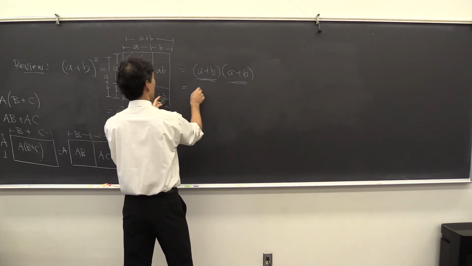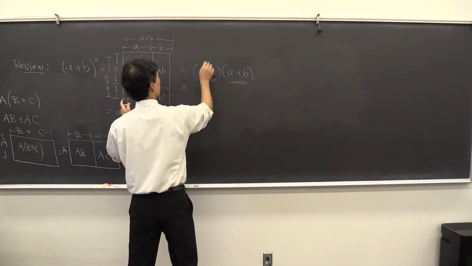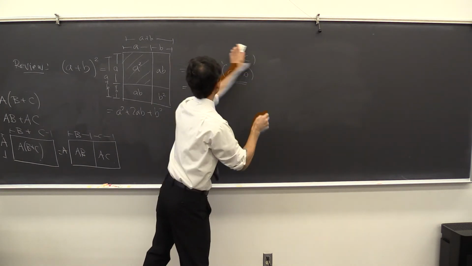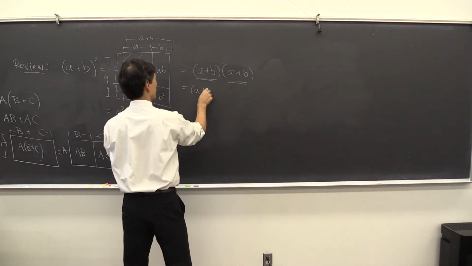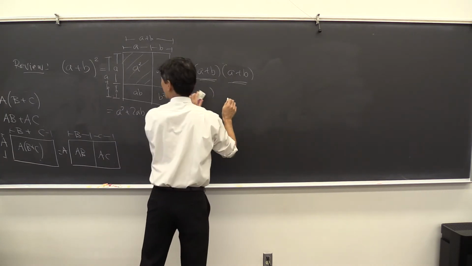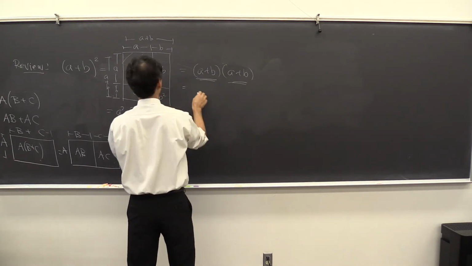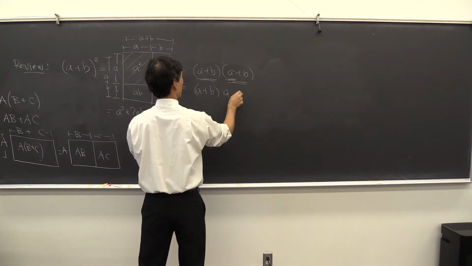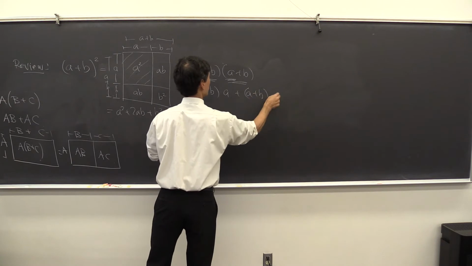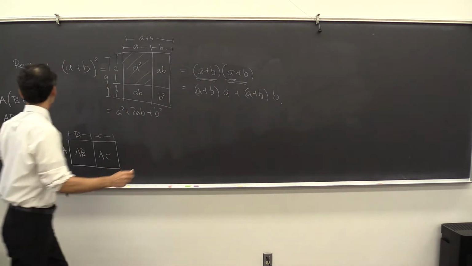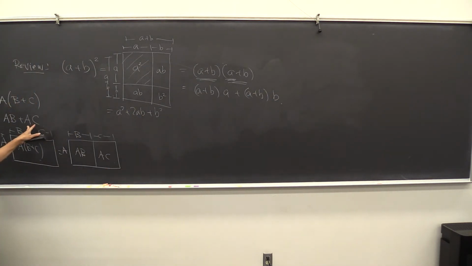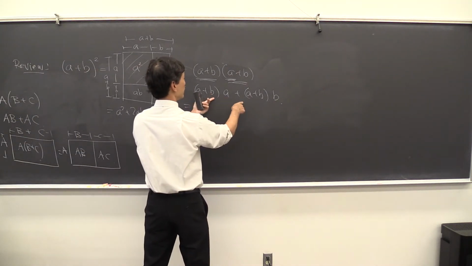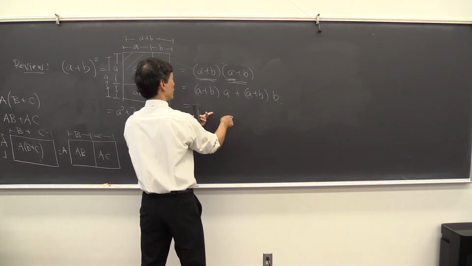So this is my A, and this is my B plus C. I'm going to have the first thing times A, and the first thing times B. I get A times A plus B, plus B times A plus B. I'm just using the distributive property, and then I use it again.